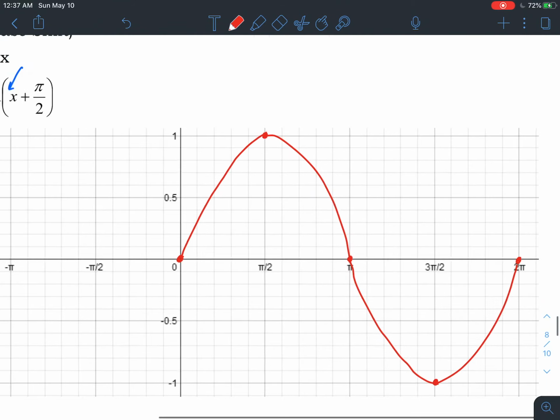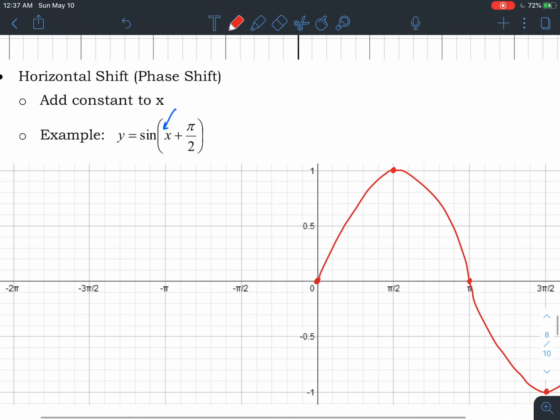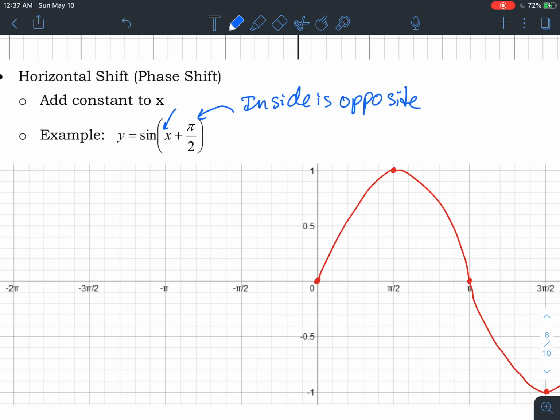A lovely sine wave. Now, with everything else that we've done, inside is opposite. So this is actually a shift of pi over 2 to the left, because it's inside, it is opposite.